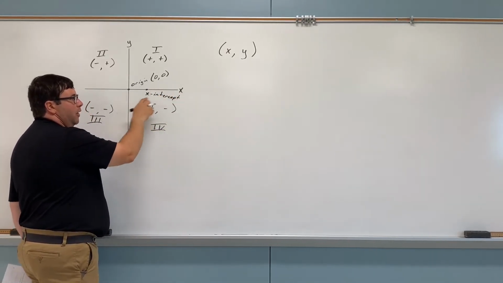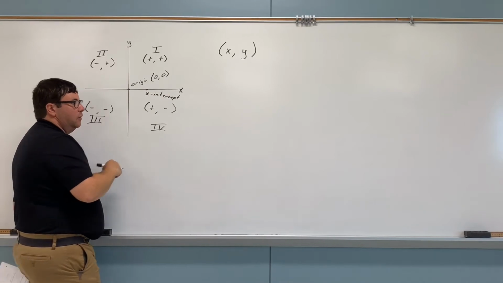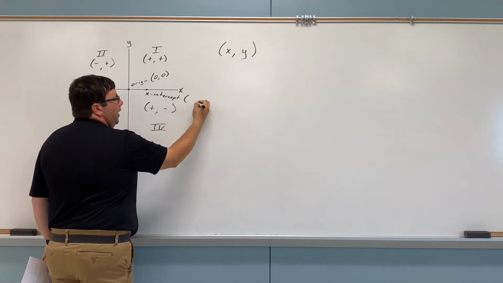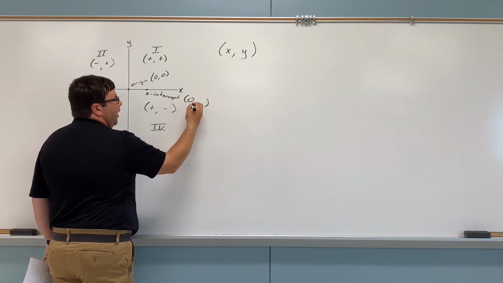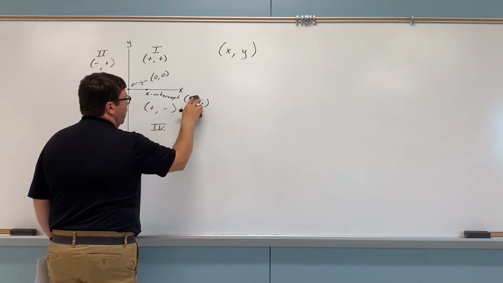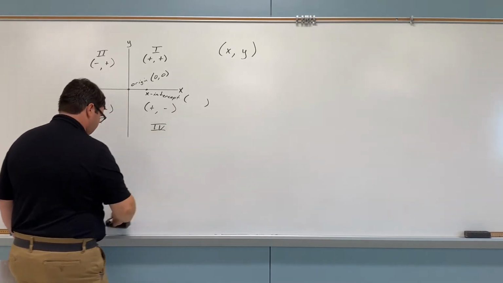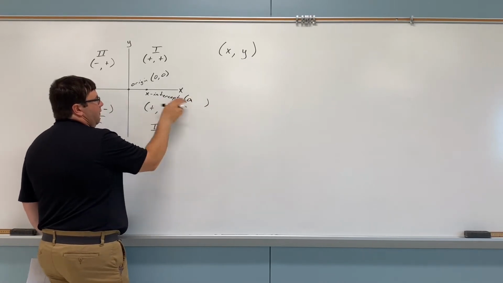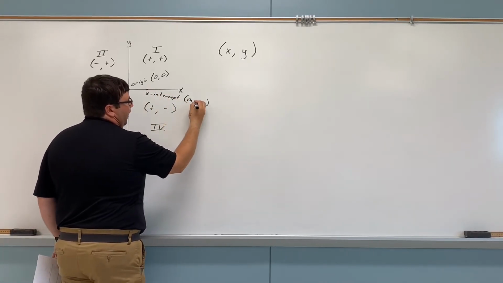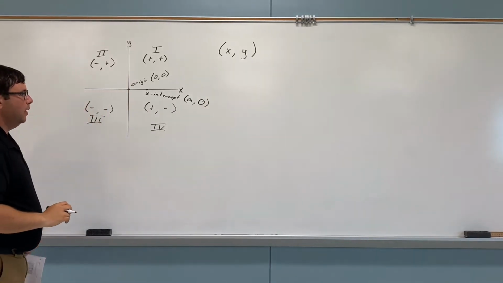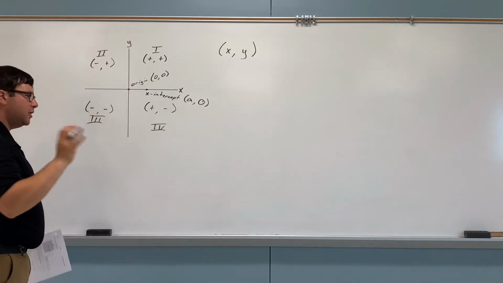For any point crossing the x-axis, anywhere, it could be over here, it could be over here, your x-intercept will have a value of a, any value, it doesn't matter, along your x, and 0 for your y. I'm trying to jump ahead of myself in my speech, and I know I need to slow down.